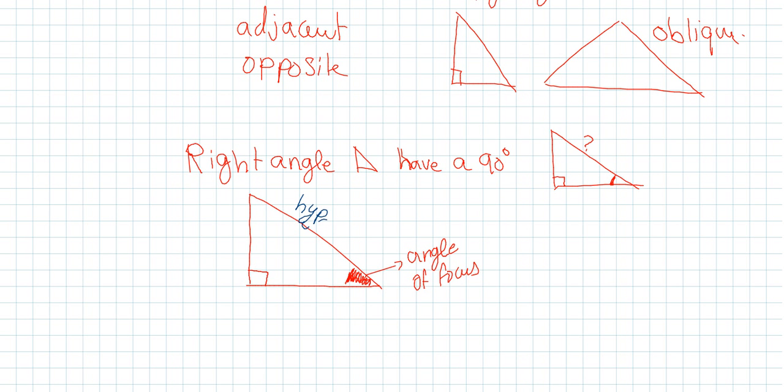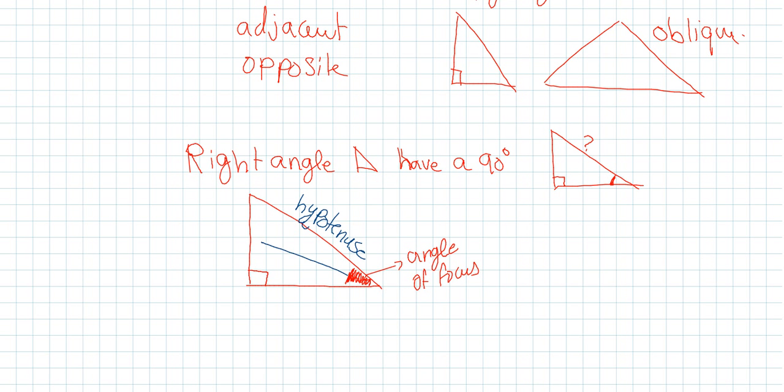Now, the other two names are called the opposite and the adjacent. So if you're looking at that angle of focus, which side is opposite to that angle of focus? The one standing or the one lying down? Standing. So because this is my angle of focus, this is going to be my opposite side, yes?